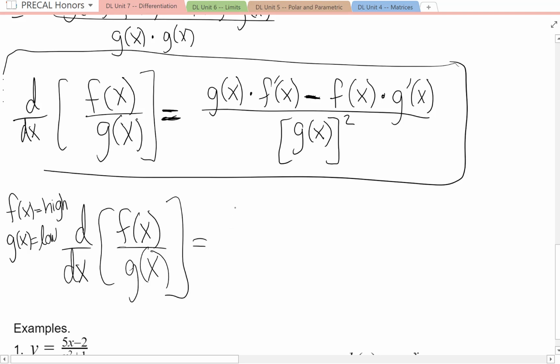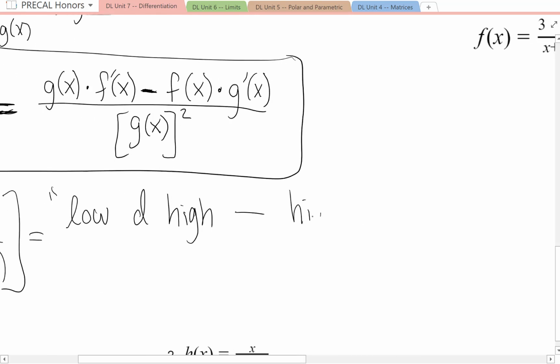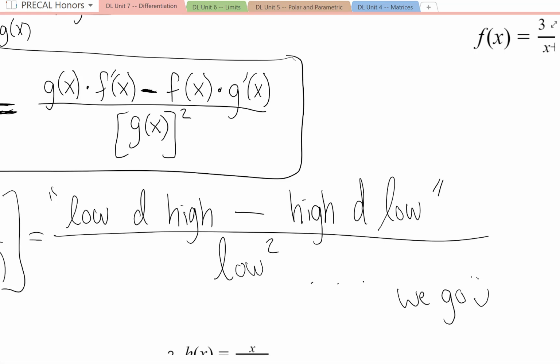So the saying goes, low d high minus high d low, derivative of the lower function, over low squared, we go.